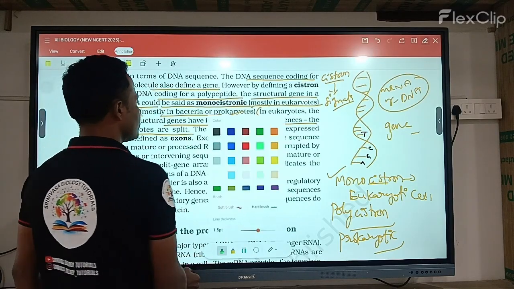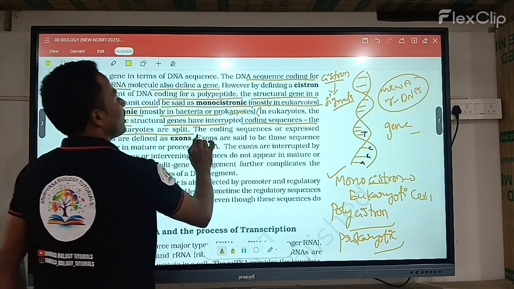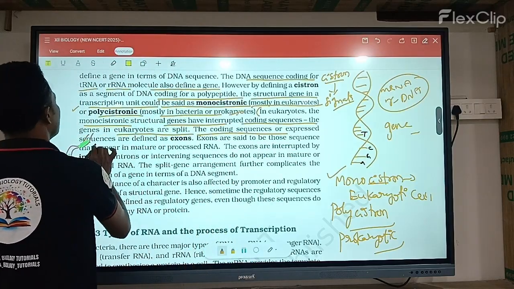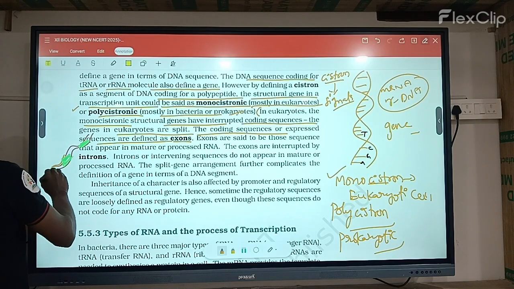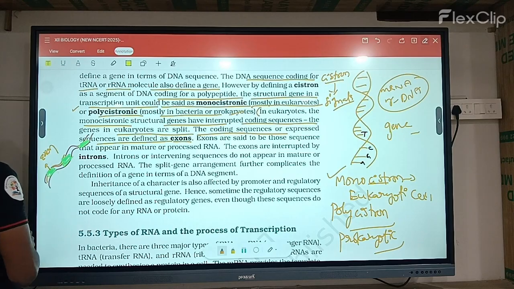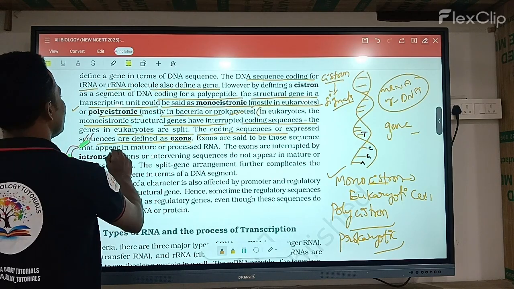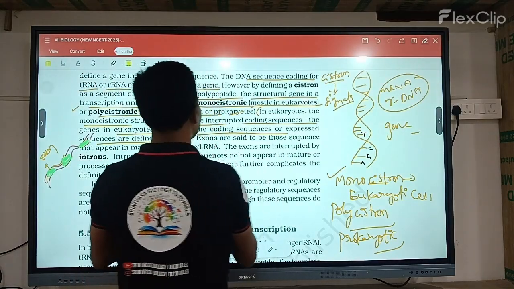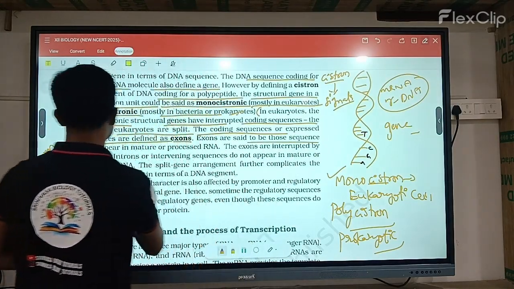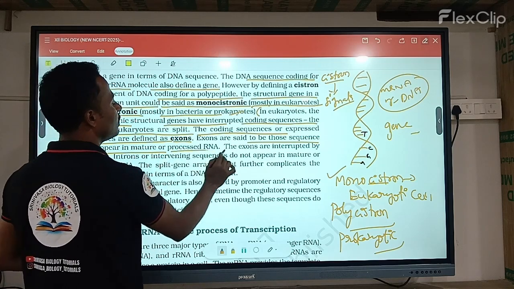The coding sequences that are expressed are defined as exons. These regions are called exons, because each is a coding sequence present here. Exons are the sequences that appear in the mature processed RNA.